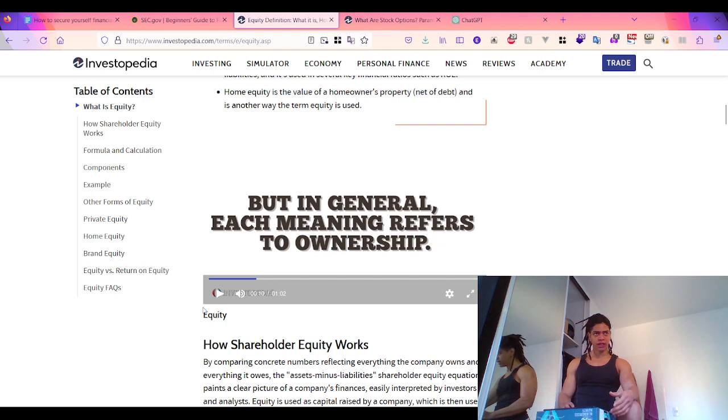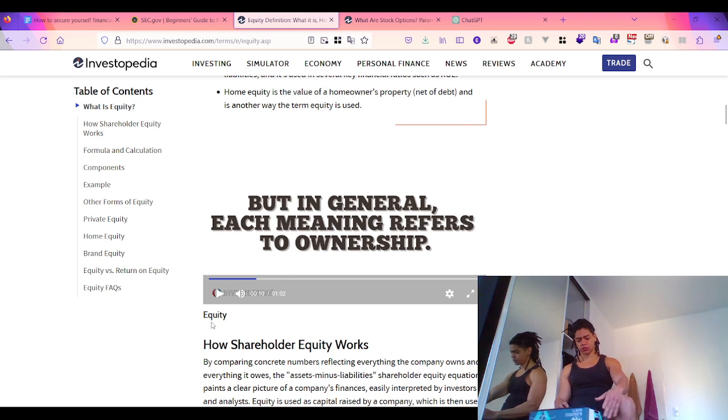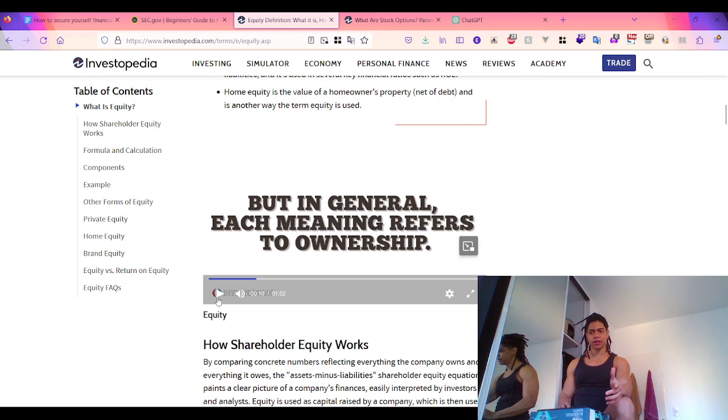For example, if you have a home worth 50K, and you still owe some mortgage of around 10,000, that means your equity in that house is 40K until you finally pay off the entire debt.